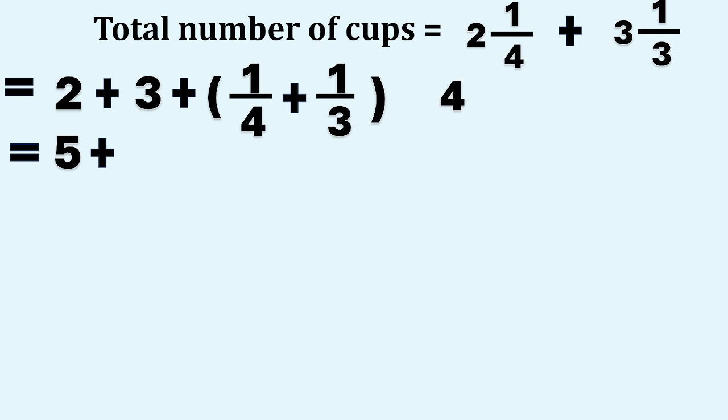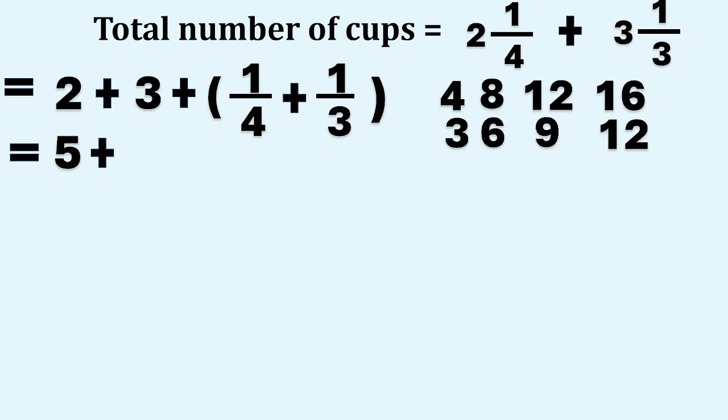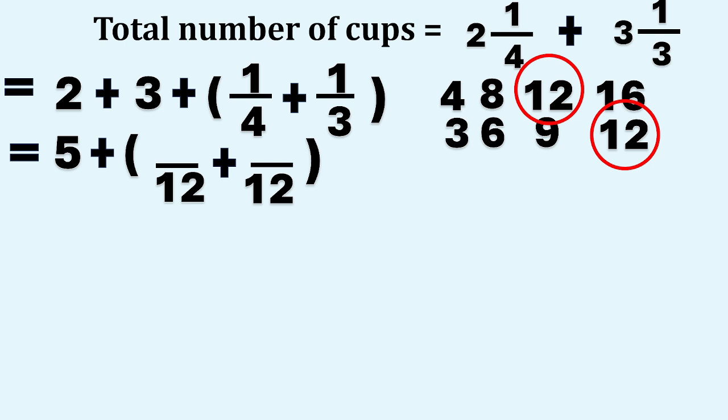The multiples of 4 are 4, 8, 12, 16. The multiples of 3, we have here 3, 6, 9, 12. So 12 will be our LCD, or least common denominator.